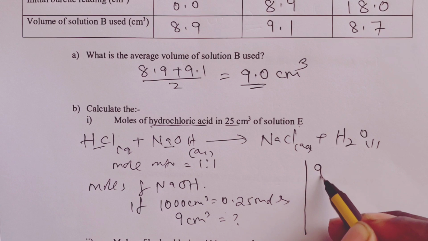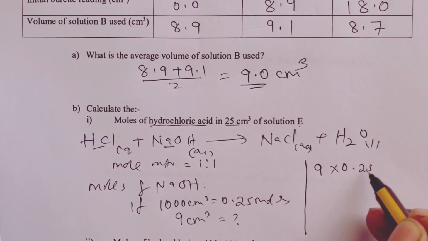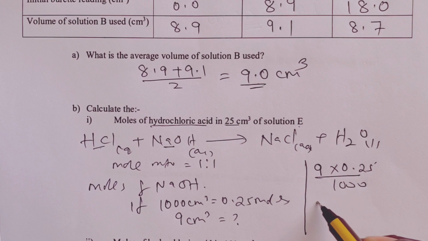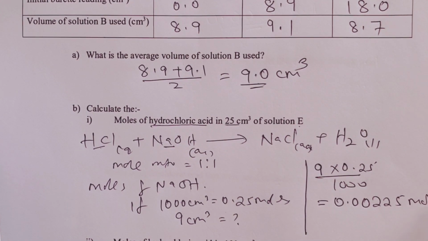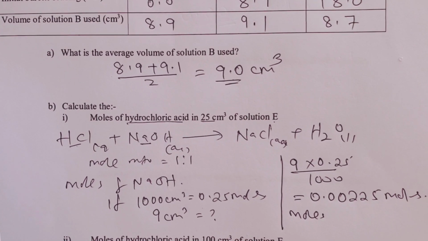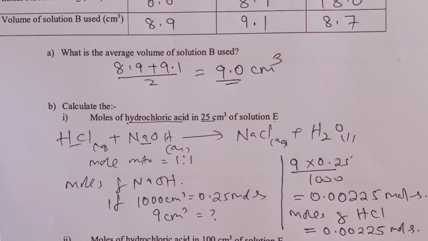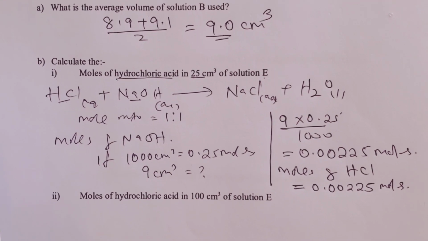This would give 9 multiplied by 0.25 divided by 1000, and we get 0.00225 moles. And because mole ratio is 1:1, it therefore means that moles of hydrochloric acid in 25 cubic centimeters of solution E remains 0.00225 moles.